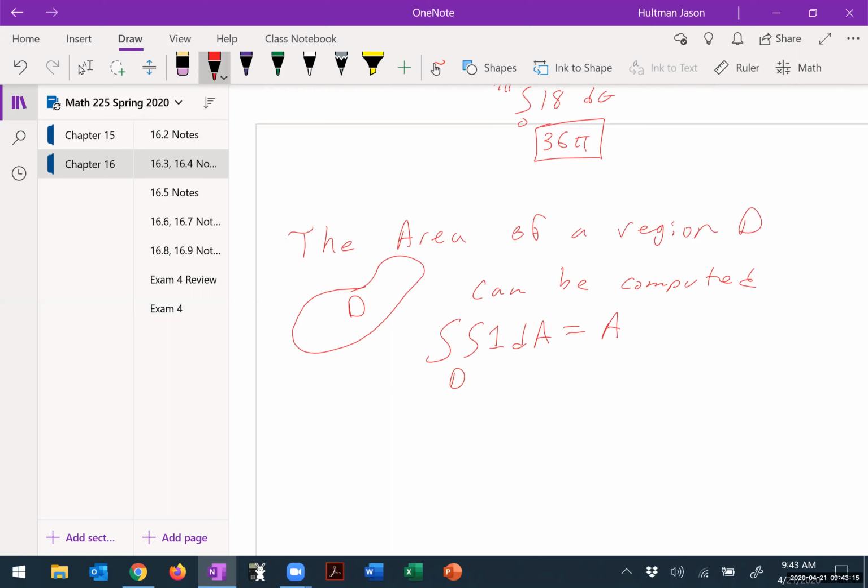This can be computed using Green's theorem.